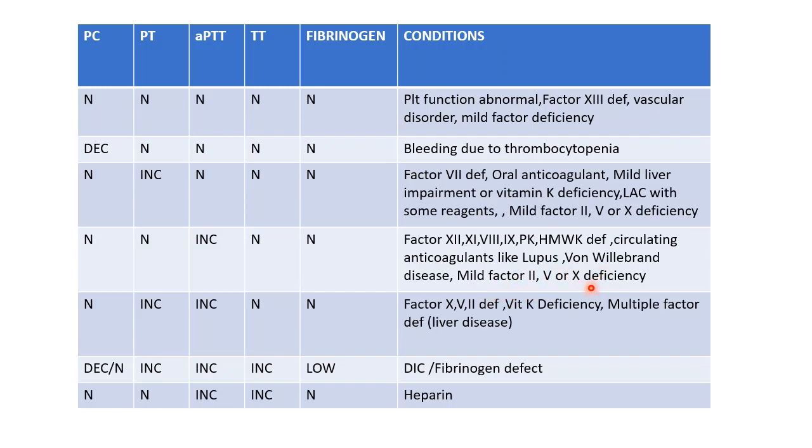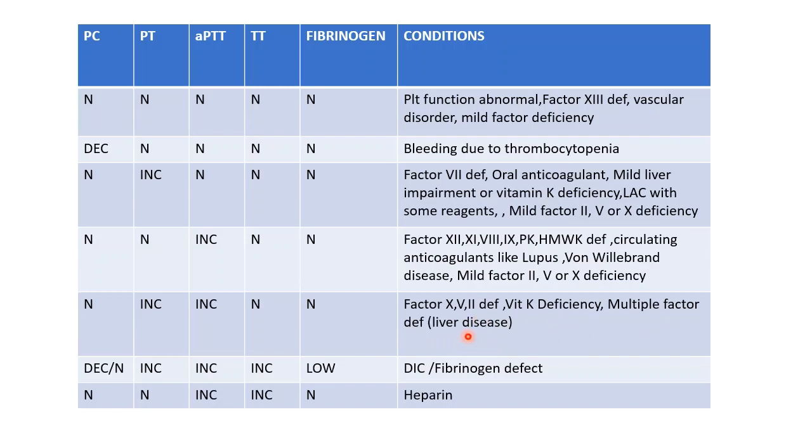Next scenario, where the platelet count is normal and the TT and fibrinogen are normal, but there is elevation of both the PT and the APTT. Then we have to think of the factors of the common pathway like factor 10, 5, 2 deficiency, vitamin K deficiency, or multiple factor deficiencies like liver disease.